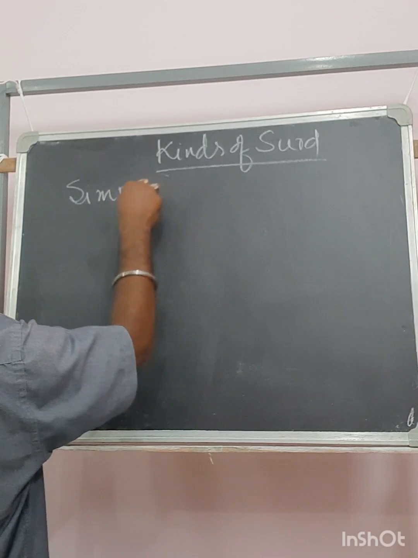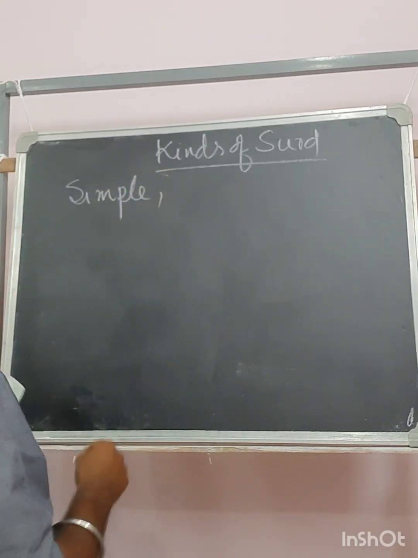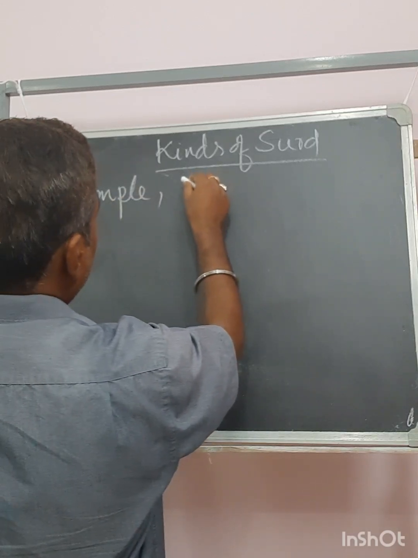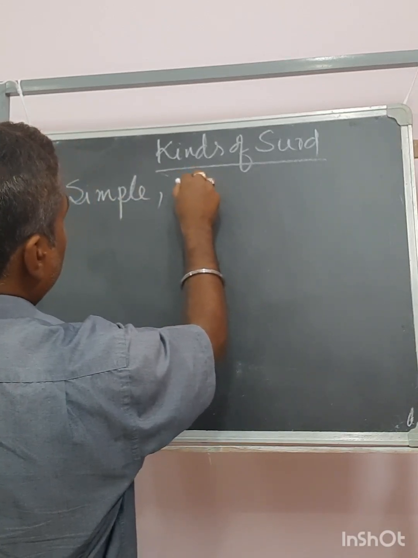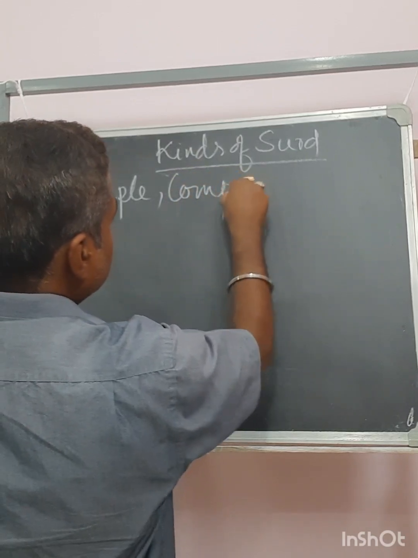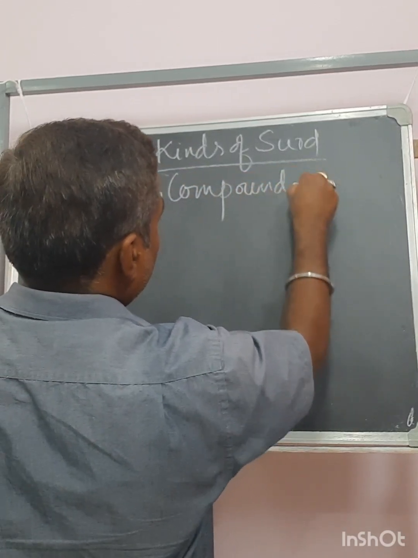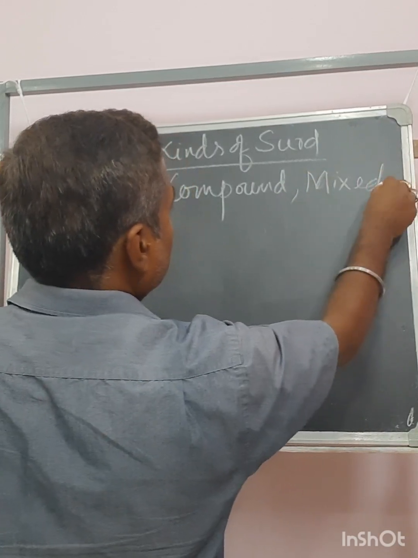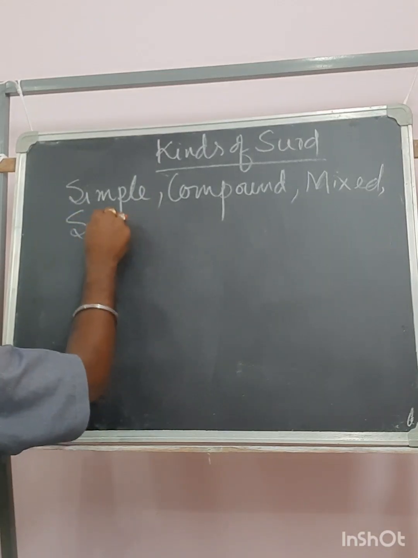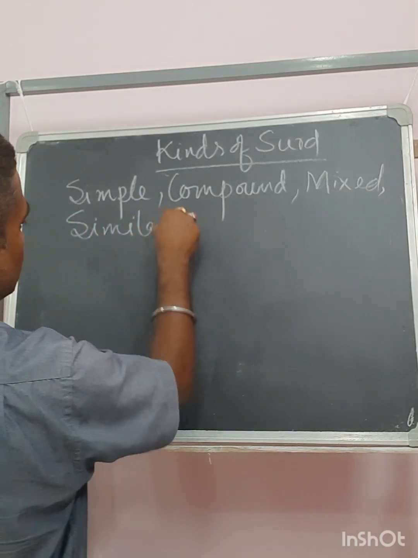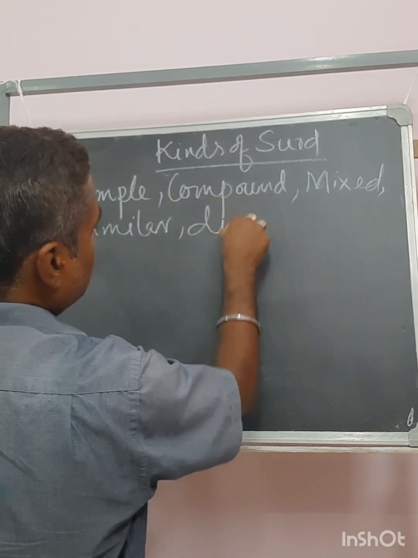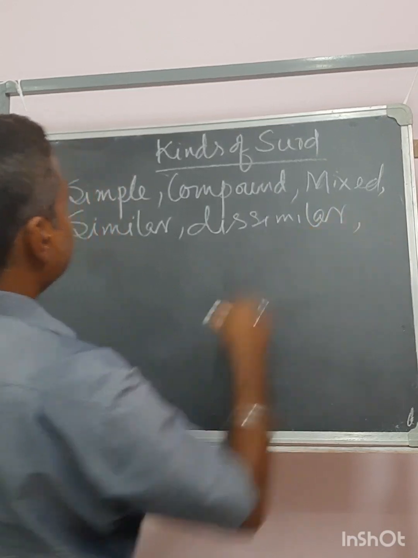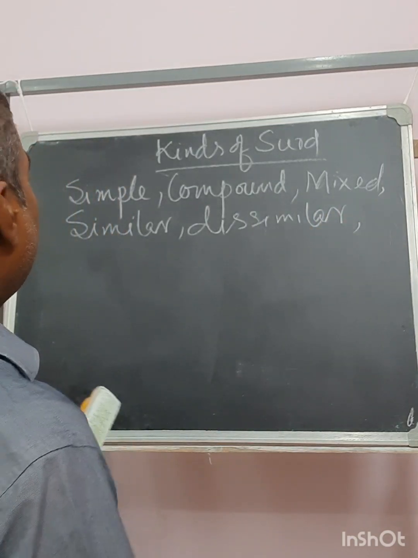One is simple, then compound, then mixed, then similar, dissimilar, and binomial.